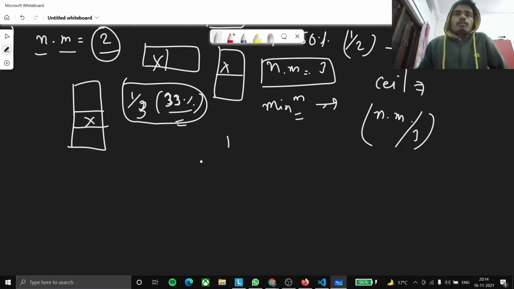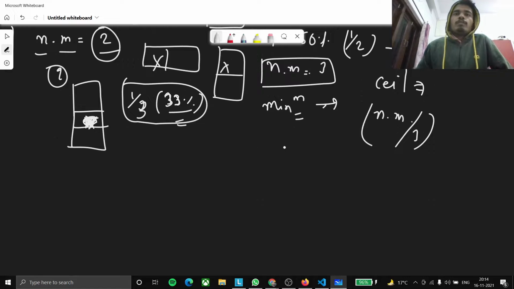So if we take the ceil division, that means out of the three rows that we have and one column that we have, we can only paint one blue minimum. Minimum we can paint only one; maximum we can paint more, but it's not a question of maximum, it's a question of minimum.